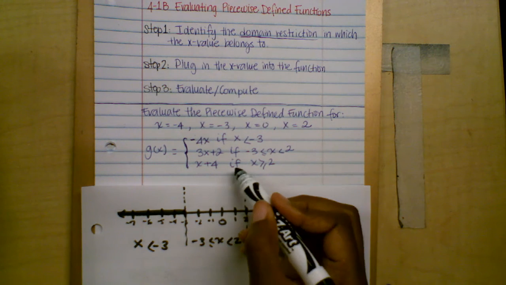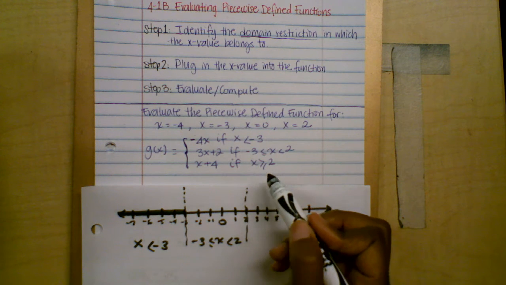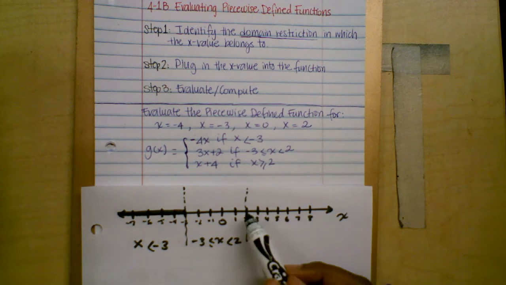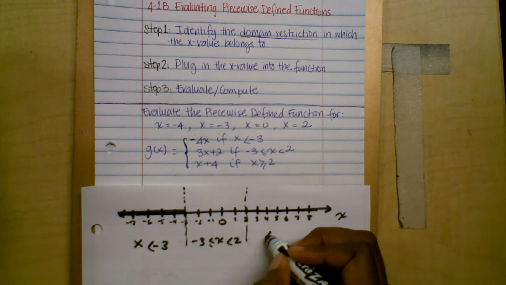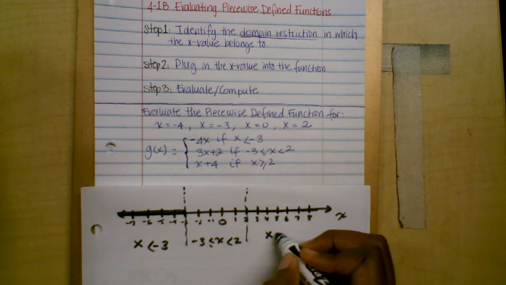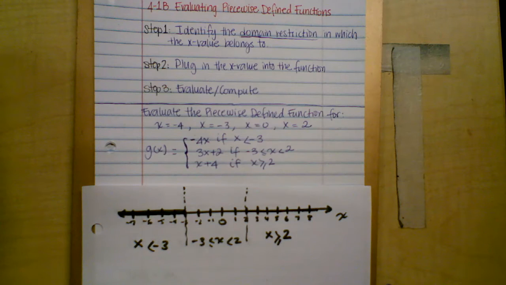It can only be graphed if the x value is greater than or equal to 2. Whatever number is greater than or equal to 2 will be in this area right here, because they represent all the numbers on the right side of 2. So let me highlight.